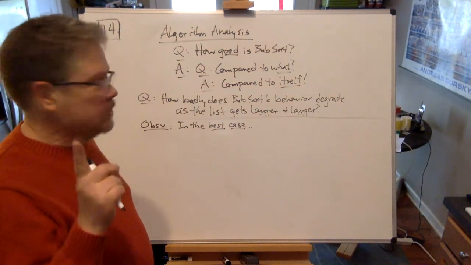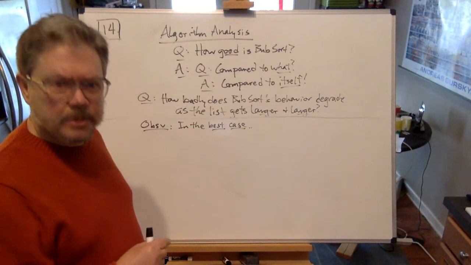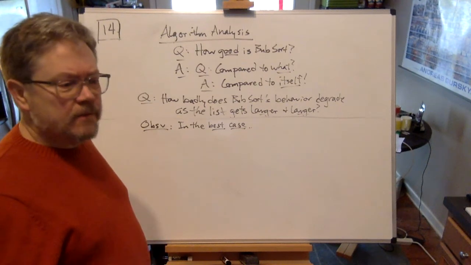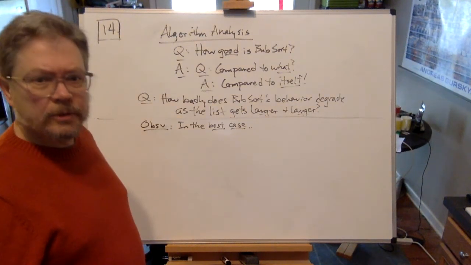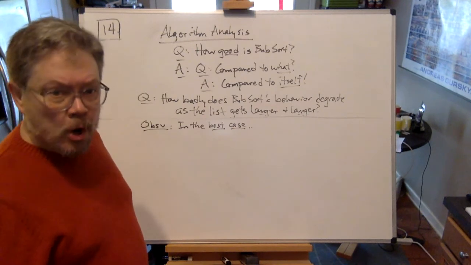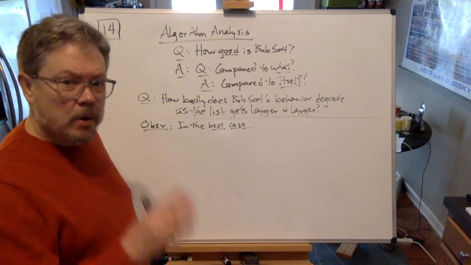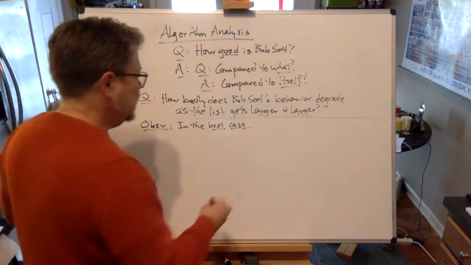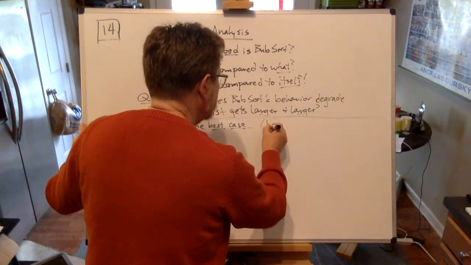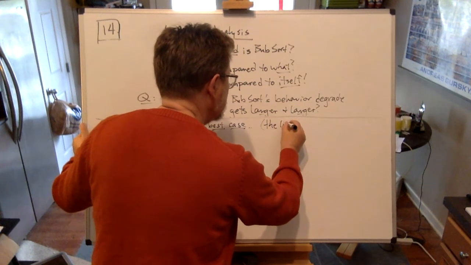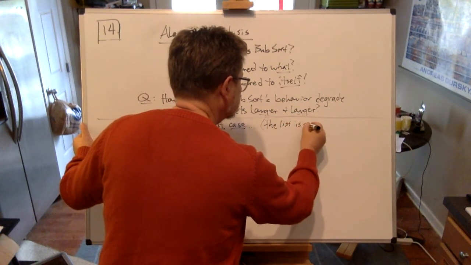That is true for bubble sort. It's not true in general. Bizarrely, perhaps, one of the fastest known sorting algorithms to man, the quicksort algorithm, actually has its worst case behavior if the list is already in order. Whoa, that's beyond the scope of this video. In the best case, and I'll put parenthetically here, the list is already in order.